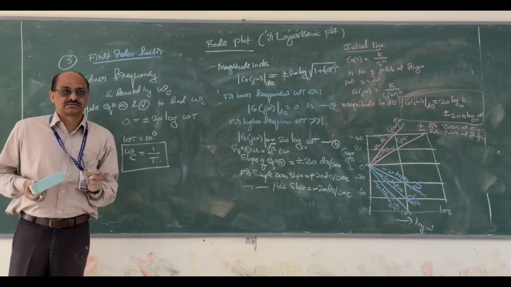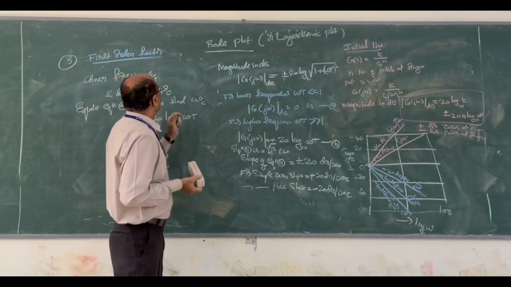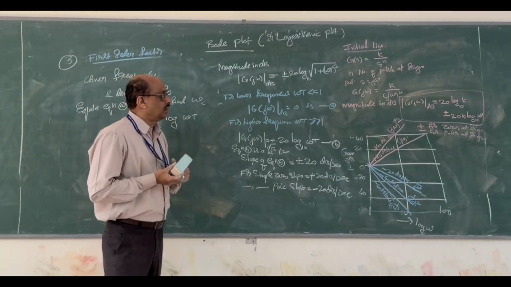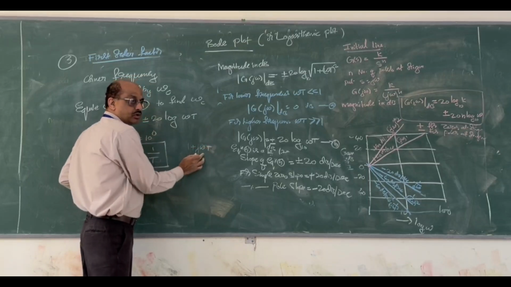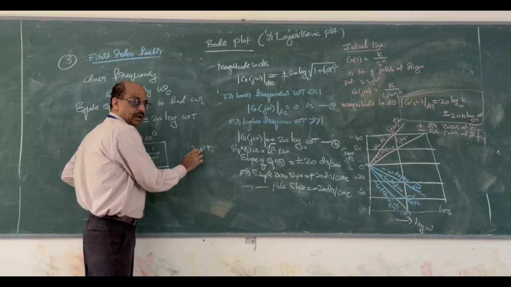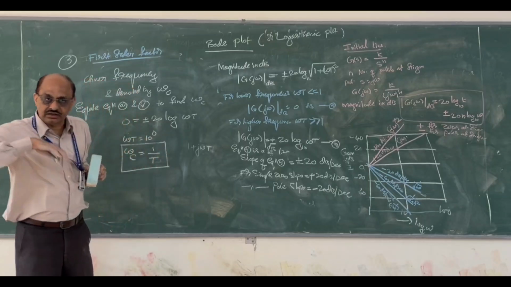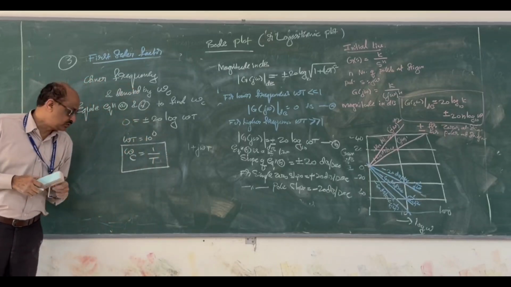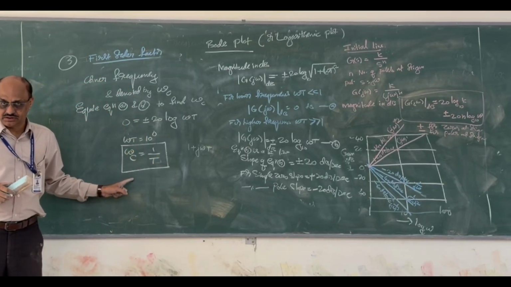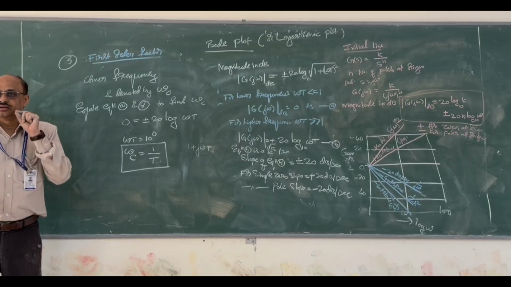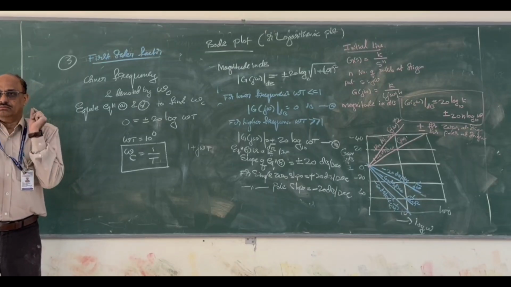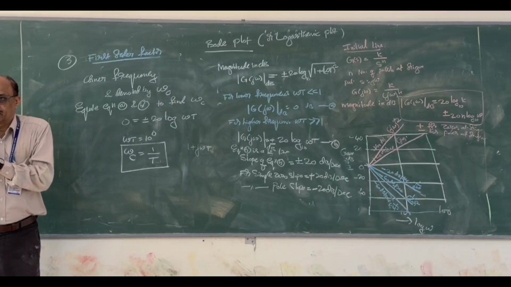See, it is very simple now. If I have a format 1 plus j omega t, the reciprocal of this t, that's a constant, gives you the corner frequency. There the 0 dB line and the plus or minus 20 dB line meet.